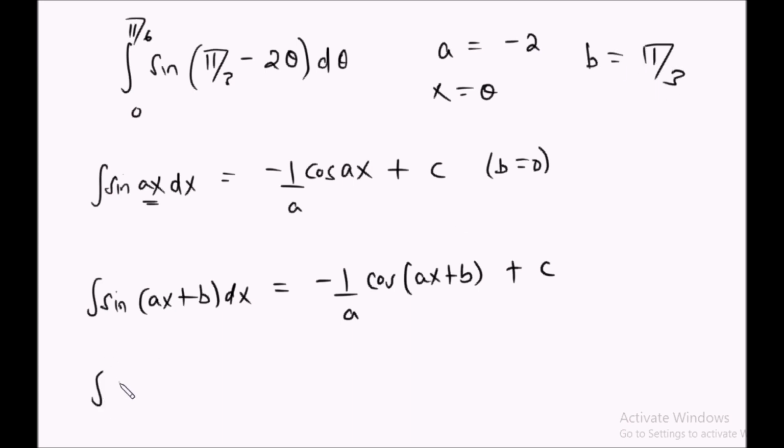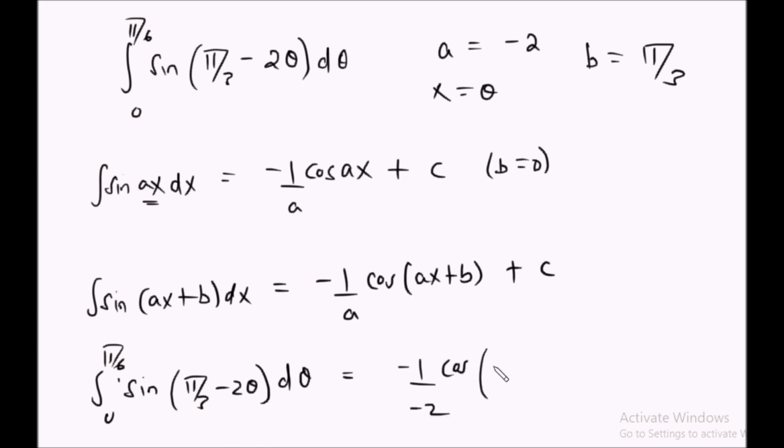So integrating from 0 to pi over 6 pi over 3 minus 2 theta with respect to theta, I will get negative 1 over a, which is negative 2, so cos. Inside it is the same, ax plus b, meaning negative 2 theta plus pi over 3. So instead of c, because it is a definite integral, I take the limits from 0 to pi over 6. So negative and negative is positive.